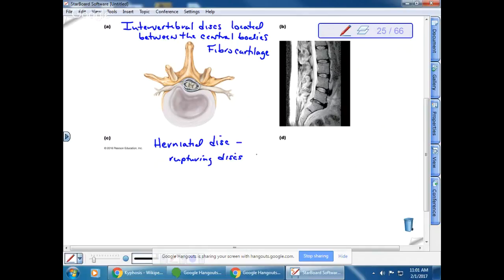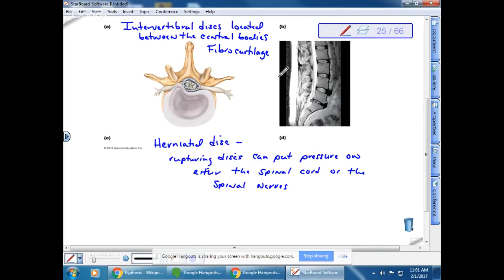The rupturing of the disc can put pressure on either the spinal cord or the spinal nerves, or both actually, but I think it is more common for it to be spinal nerve. So if you look at this ruptured disc right here, this is a diagram from your book, you can see that it's pressing on the spinal nerve, but not very much on the spinal cord.